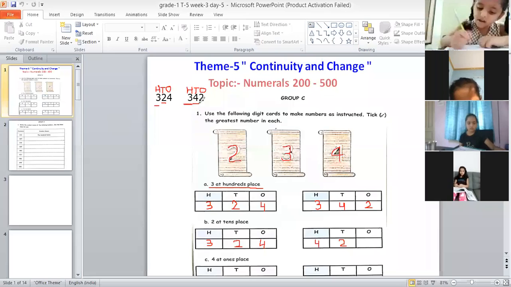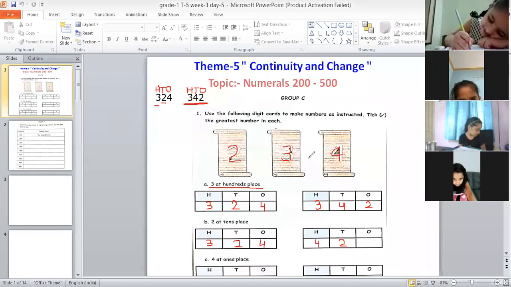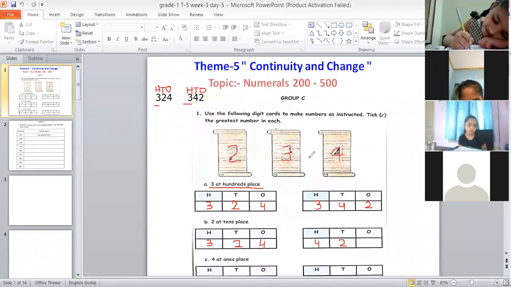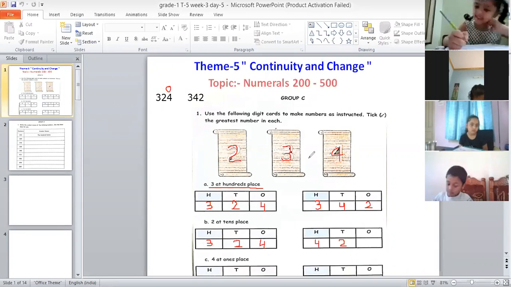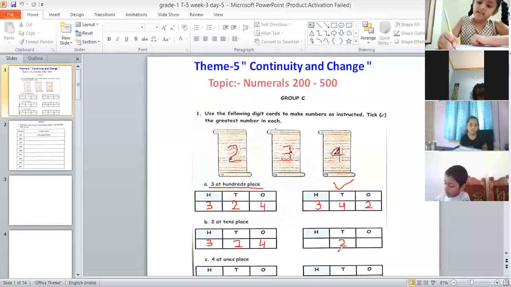So this means 342 is greater than 324. So we will put our tick on the second number, that is 342. Yes, children, now put your tick on 342 quickly.